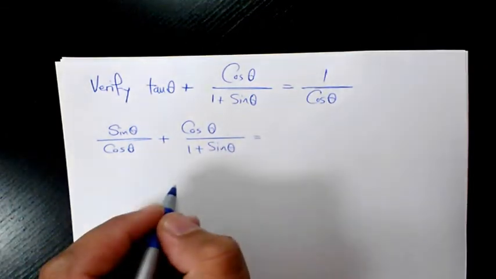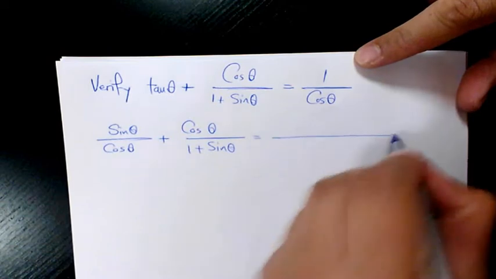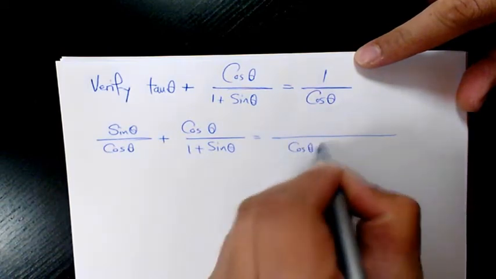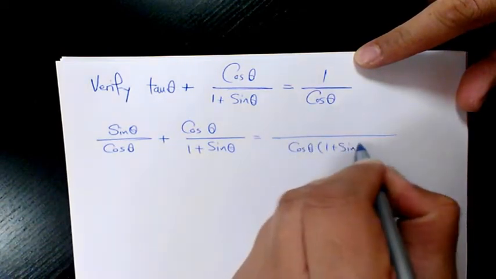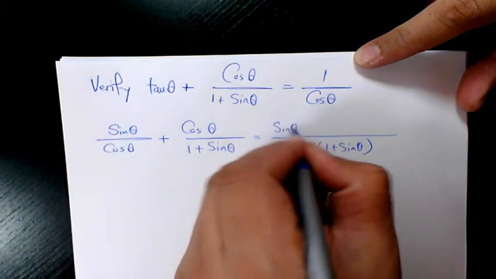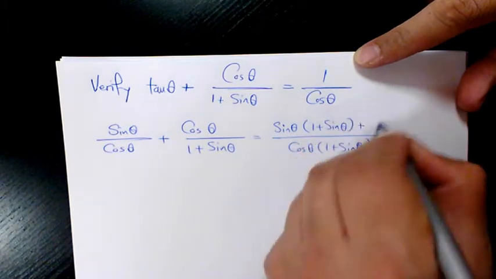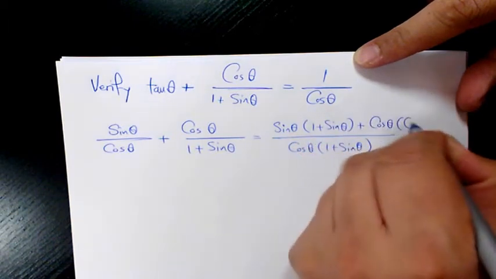Then when you want to add these two fractions, you need to have the common denominator. So cosine theta times 1 plus sine theta. Here, then, you need to multiply sine theta by 1 plus sine theta, and cosine theta multiplied by cosine theta.